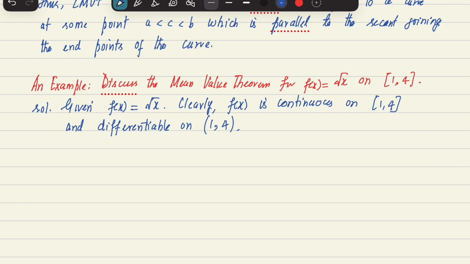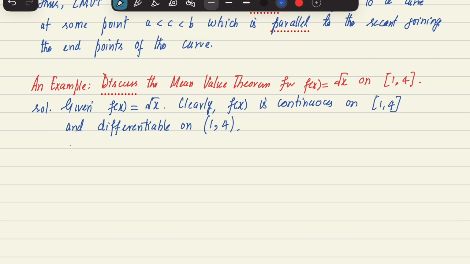In fact, we should note that the square root function is continuous for all positive real numbers. So in particular it is continuous on the interval [1, 4] because it only contains positive real numbers, and it is also differentiable for all real numbers where 0 is excluded. So therefore this is also differentiable on the open interval (1, 4).